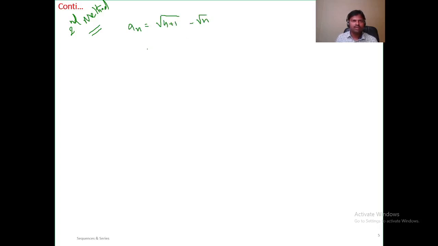Okay. Now rationalize this. Root n plus 1 minus root n, because to apply limit comparison test, I want a fraction, right? So multiply by root n plus 1 plus root n divided by root n plus 1 plus root n.